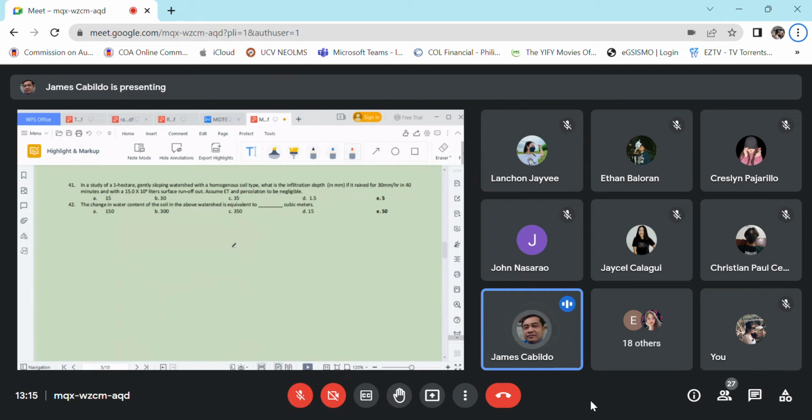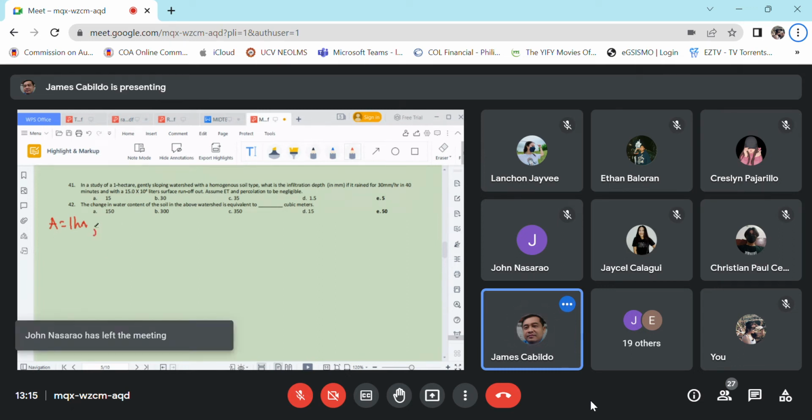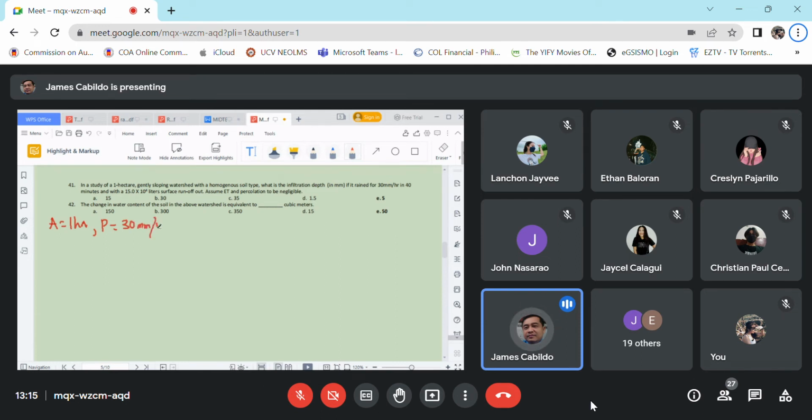Number 41. Okay. So we're given a watershed with an area of 1 hectare. And then there is a precipitation of 30 mm per hour in 40 minutes.